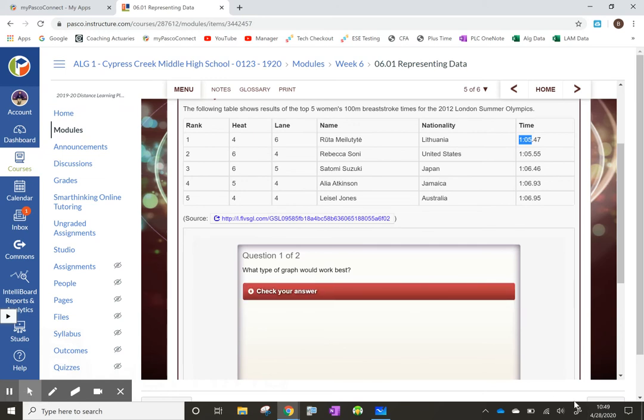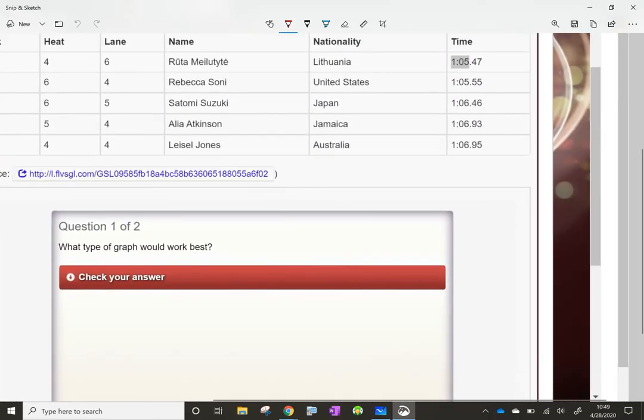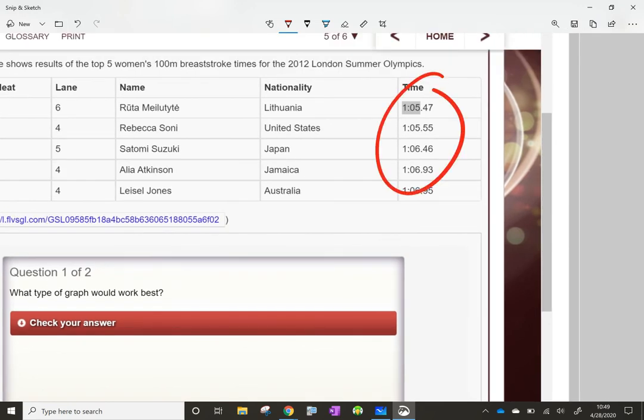So for example, maybe for these times, you can focus on the swimmers that swim between a minute 5 flat and a minute 5.5, and then maybe the people who go from a minute 5.5 to a minute 6 flat.